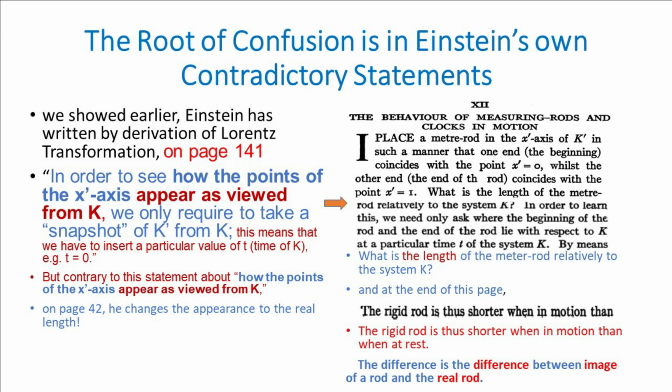In order to learn this, we need only ask where the beginning of the rod and the end of the rod lie with respect to K at a particular time t of the system K. And at the end of this page, the rigid rod is thus shorter when in motion than when at rest. The difference is the difference between the image of a rod and the real rod.